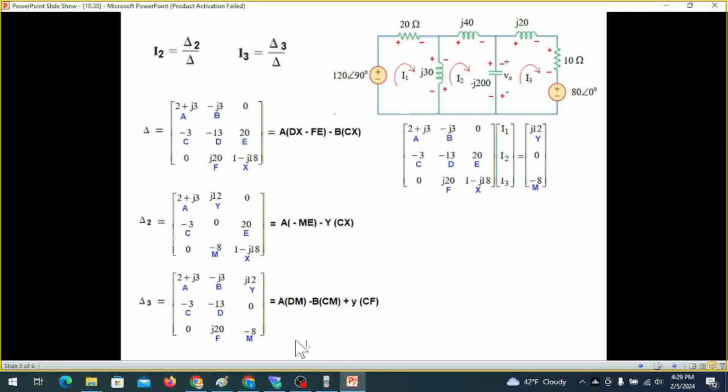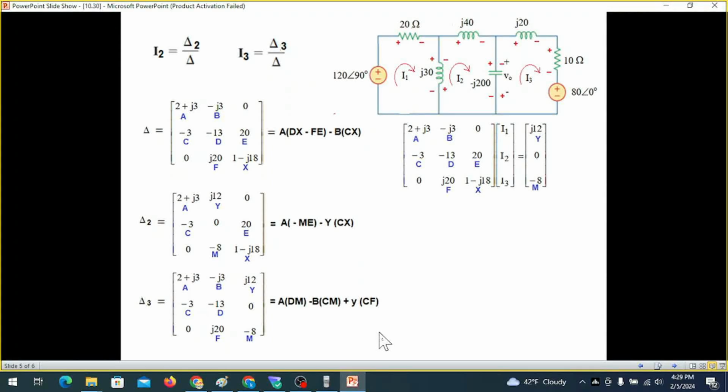Third column replaced, and here also we write A, EM minus 0, this no need of writing, minus B, CM, this is 0, and then minus Y, plus Y, and this CF, this is 0, no need of writing.